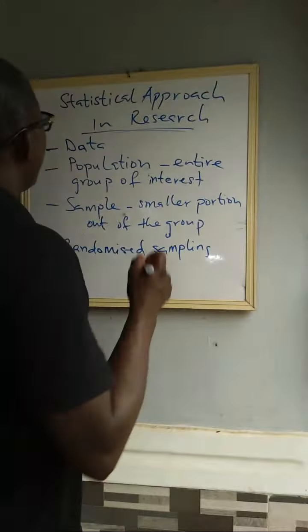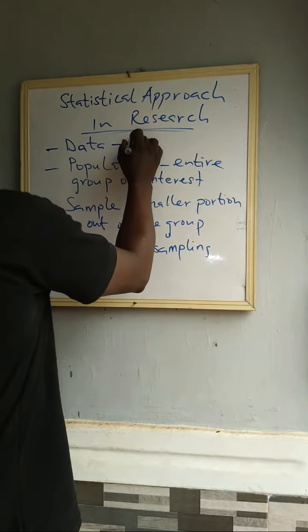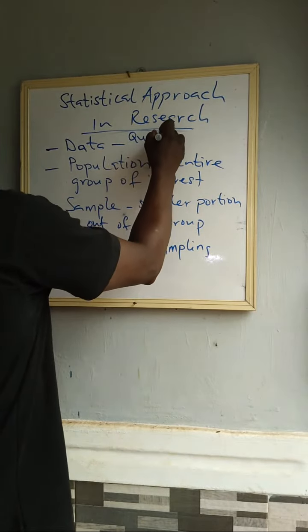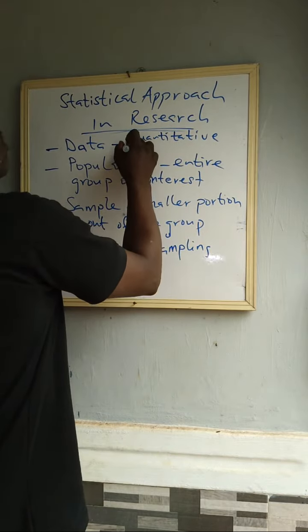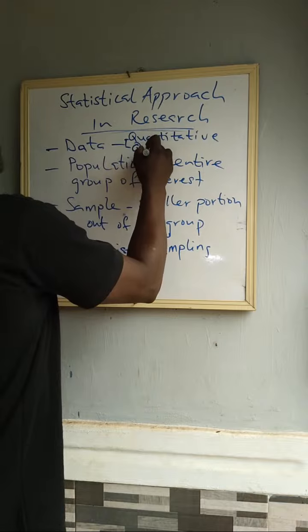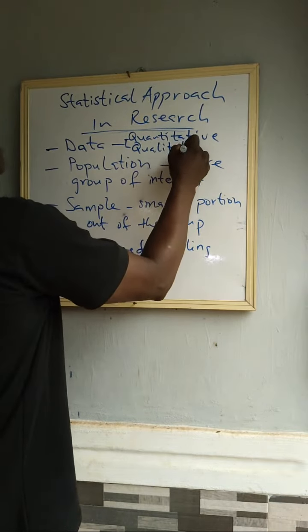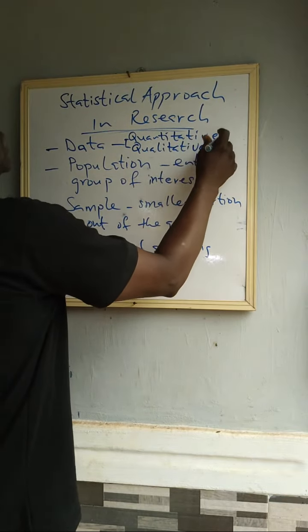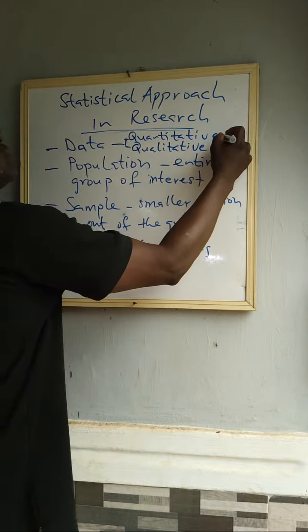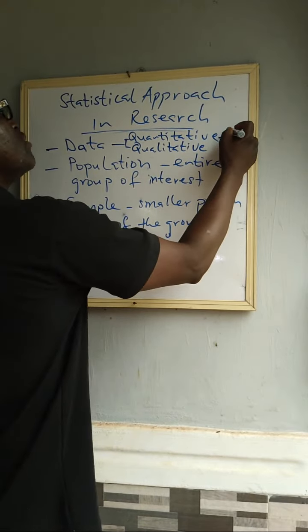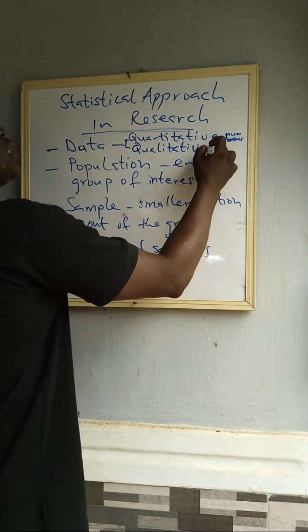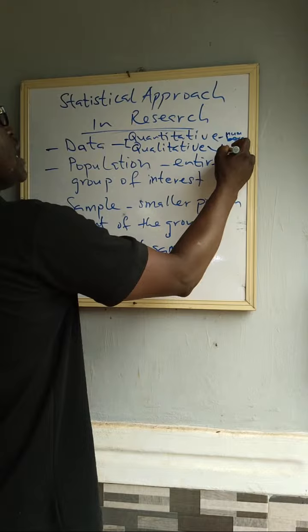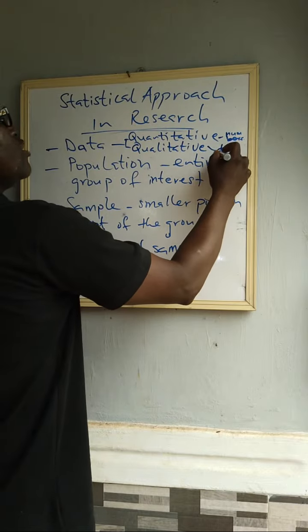Now, before we talk about that, let's look at data. Data can be quantitative or qualitative. If it's quantitative, then we talk about numbers, figures. Here in qualitative, we talk about data that doesn't have a numerical value.